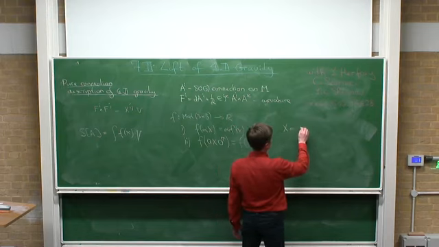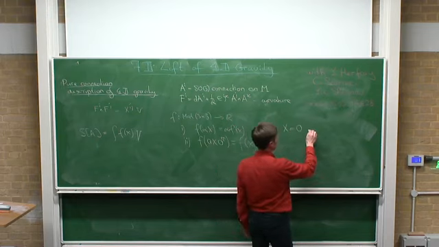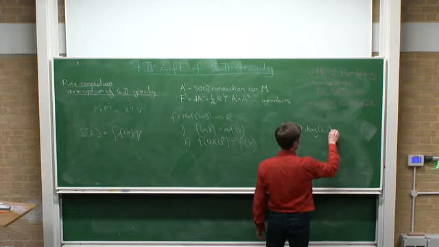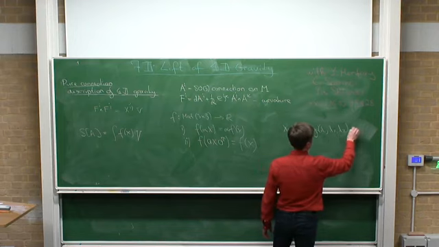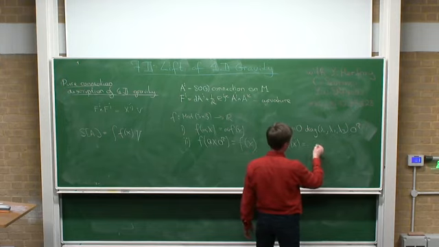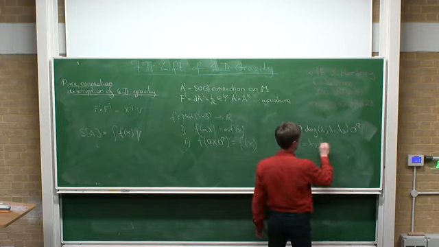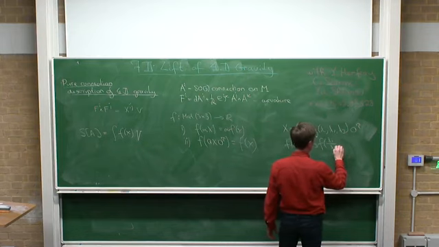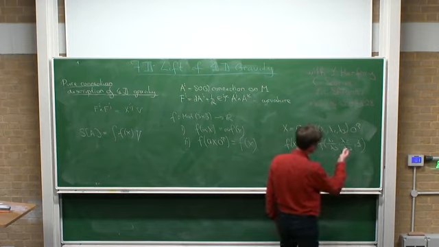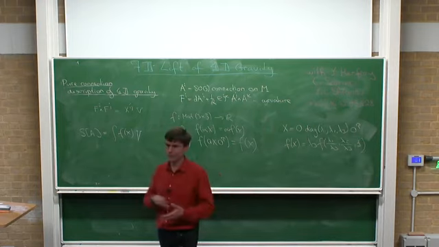And how many functions like this are there? Because I can always diagonalize X by an orthogonal transformation. I can write it as diagonal lambda 1, lambda 2, lambda 3, with transposed. My function of X is really, say, lambda 3 times a function of lambda 1 over lambda 3, lambda 2 over lambda 3, 1. So basically, there are as many such functions as functions of 2 variables.